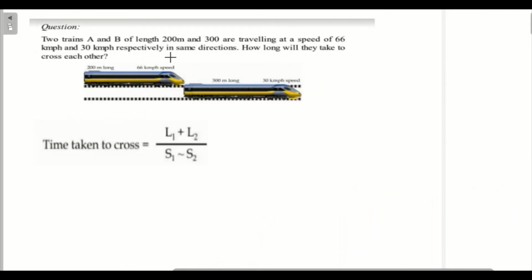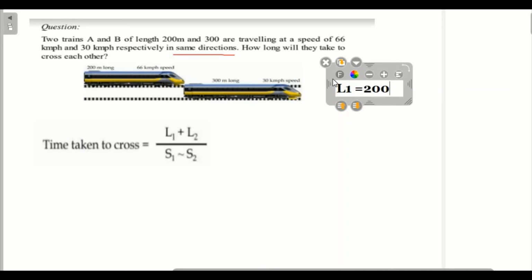If you are going in the same direction, you should use the difference of the speeds, that is the subtraction value. So here we have the same problem. You are going to find the sum. We should use the difference of S1 and S2. As I said earlier, L1, the length of the first train, is 200, and L2, the length of the second train, is 300.